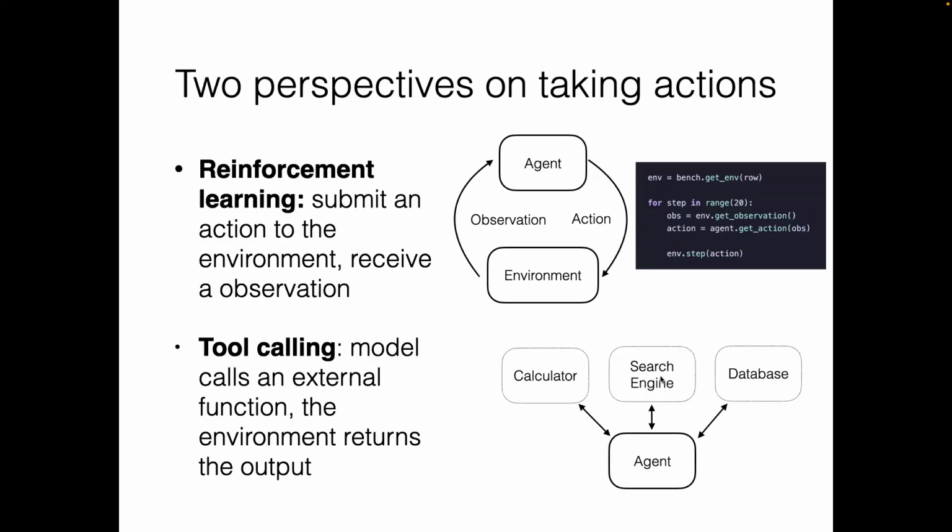So you might have a calculator tool, a search engine tool, a database. Again, you can frame this as an environment and an agent, but it's also useful to view it from a different perspective: you have a model and you want to add on these external tools.